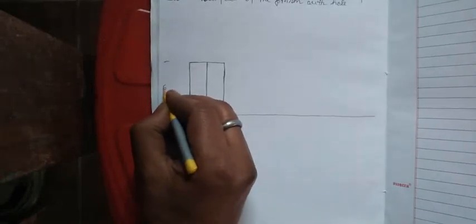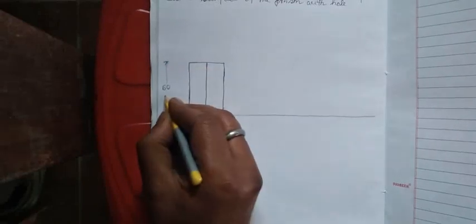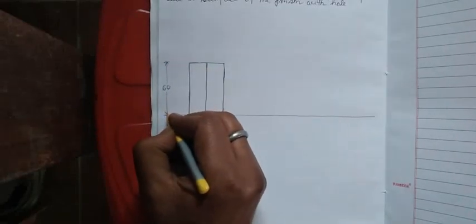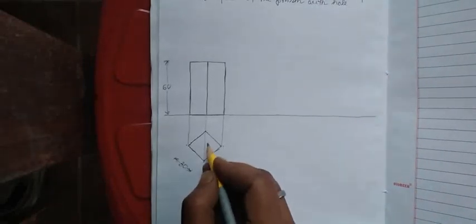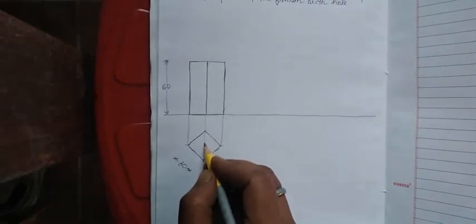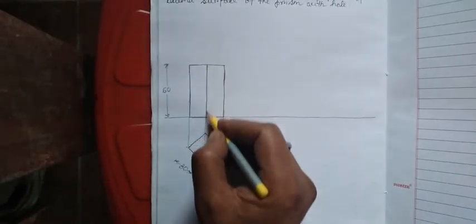This height is 60 millimeter, as given. The prism is on HP, so it is just above the reference line. Now a through hole is there at the midpoint of the axis. This is the axis of the prism.